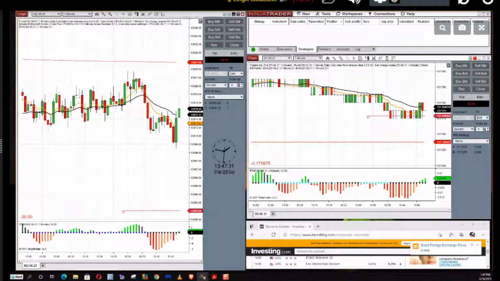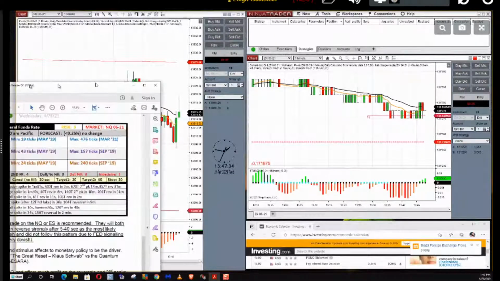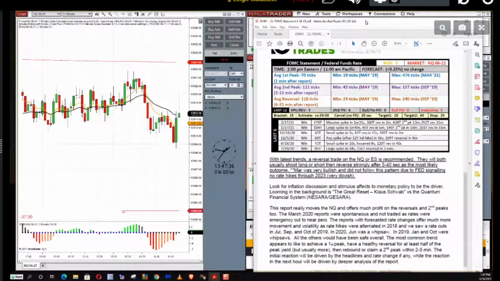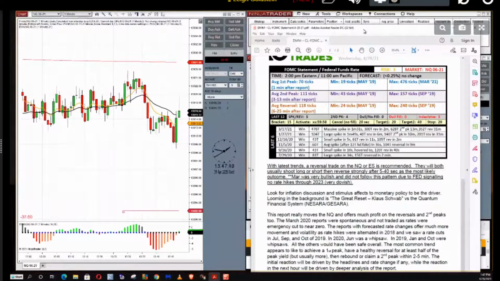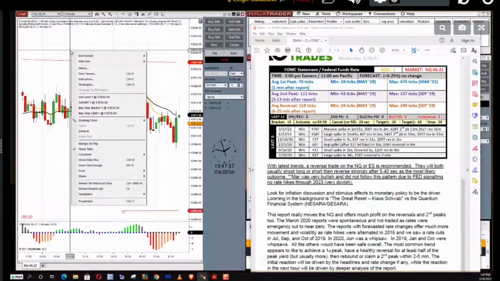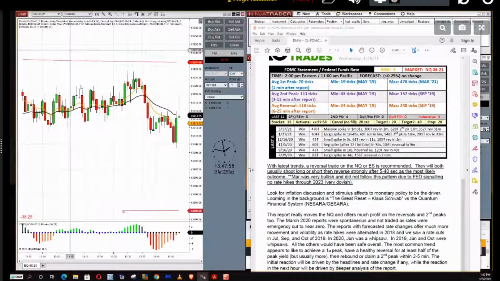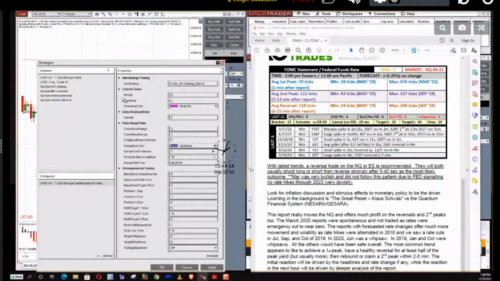All right, so let's look at the DMM. So the setup: my concern these days is that the NQ is moving very largely on information that comes out.